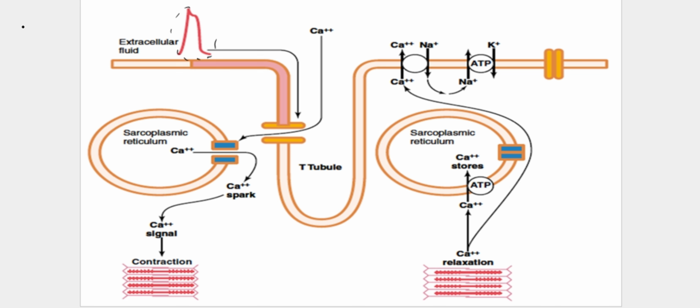When this wave comes, it will affect the calcium channels, so they'll open at -40. When they open, calcium gets into the cell, and of course the cell becomes more positive.